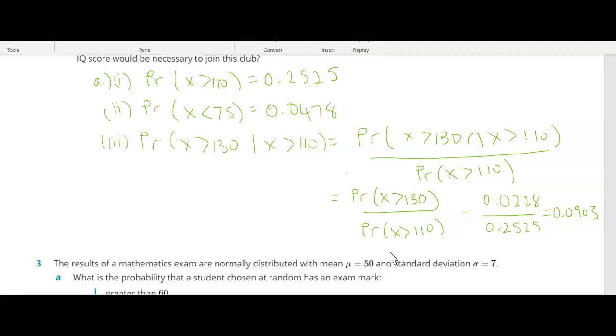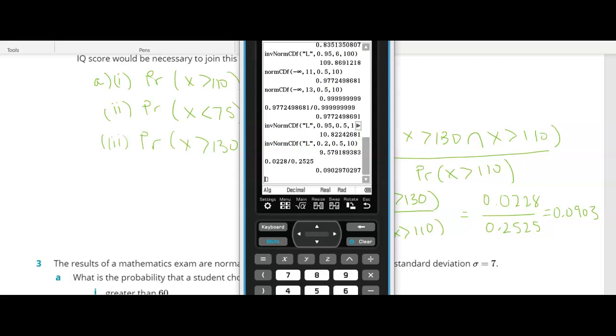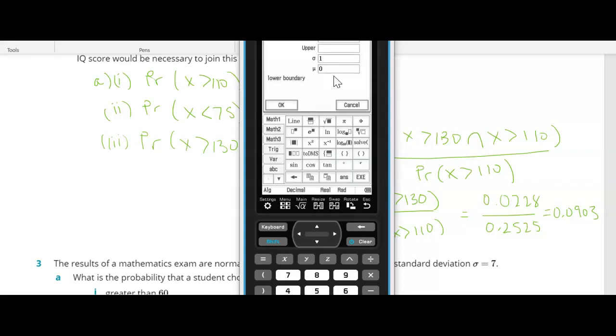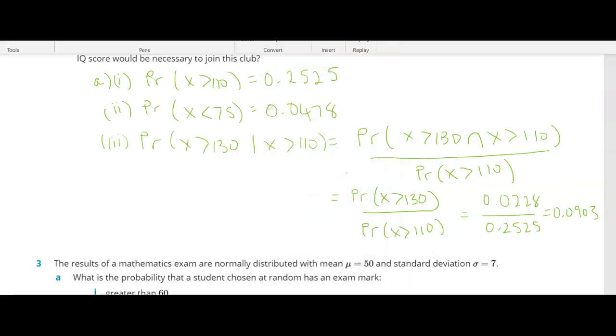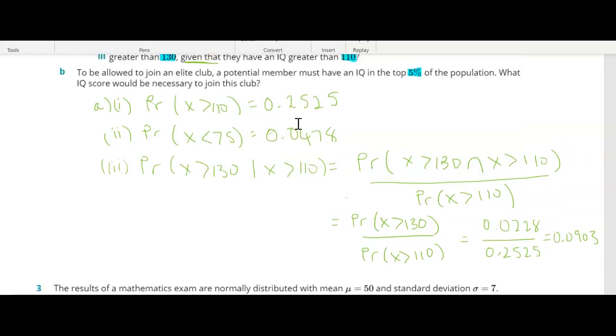When I checked that answer in the textbook, I had a different answer. The answer in the textbook was 0.0901. So that probably shows the importance of not rounding; I probably shouldn't have rounded there. As I said before, it's probably better to use the continuous normal CDF, put your values in there, and use more decimal places.